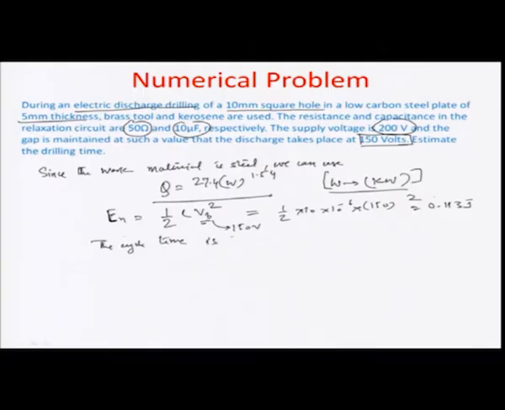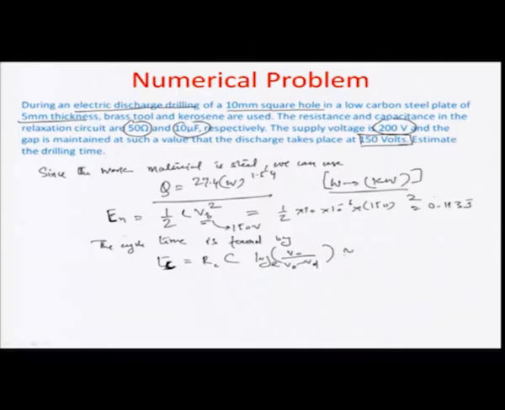in this case is found by Tc, and the equation that was discussed earlier is RC times log of V0 by V0 minus Vd. Vd is the discharge voltage, and this is log to the base e.